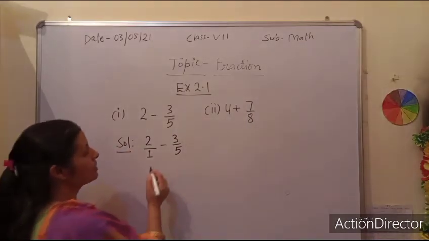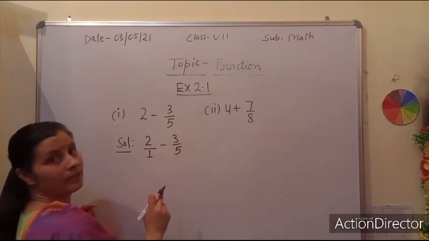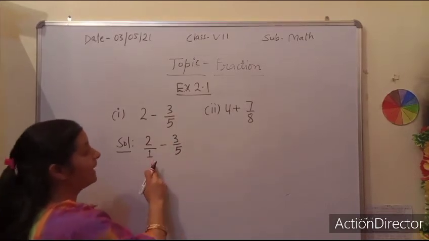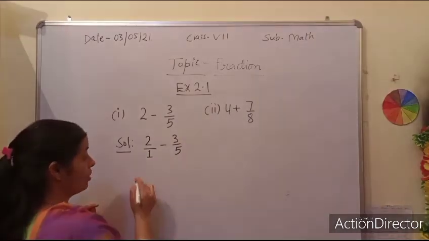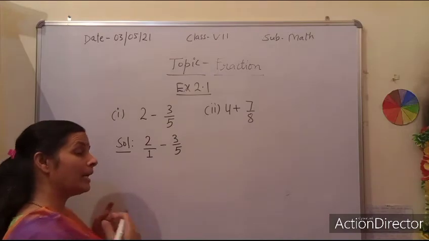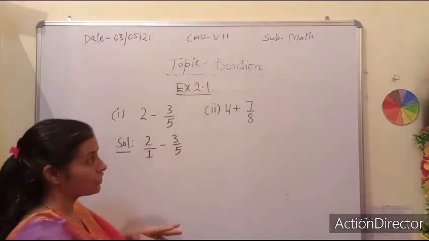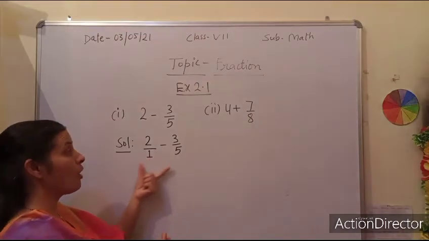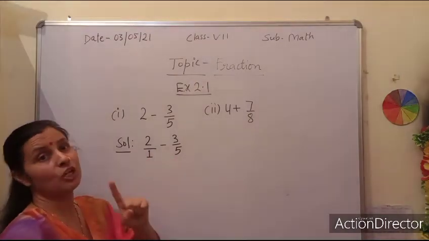Now, how to solve this question? To solve fractions, it is mandatory that the denominator should be the same. If you are doing any operation on fractions, your denominator should be the same number. Just keep it in your mind.